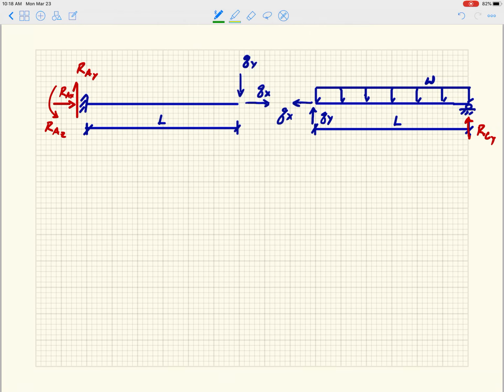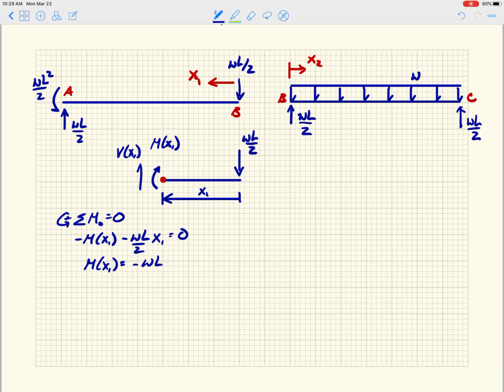So if we sum moments about the cut like that, we will get a minus M of x1 minus WL over 2, x1 equals 0, and my M of x1 is minus WL over 2 times x1.